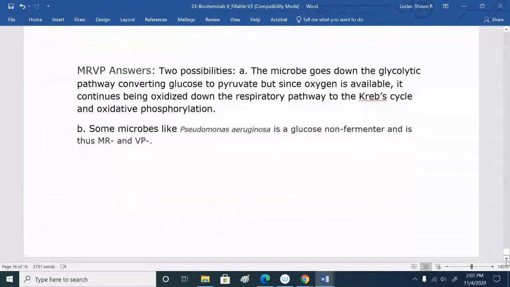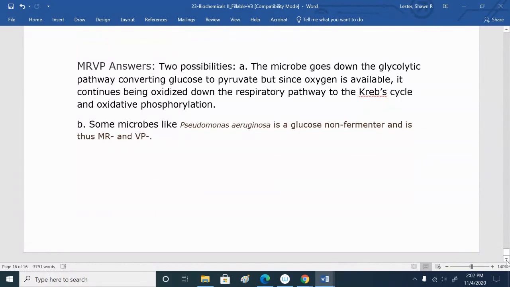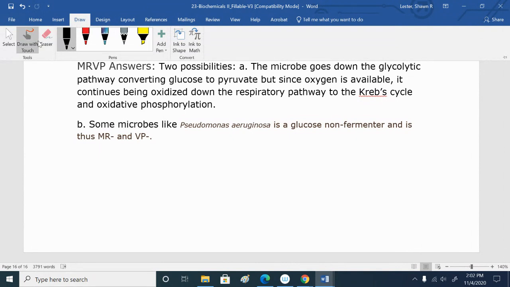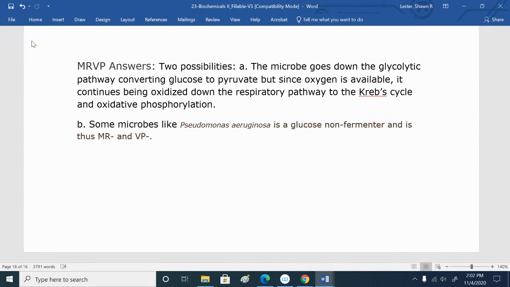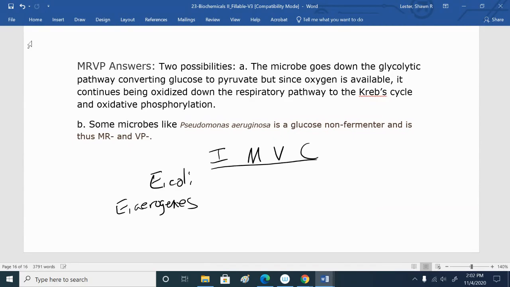So I do want to add one more thing, and it does have to do with MVIC. In class, we do want you to know the results of E. coli and Enterobacter aerogenes for MVIC. It's very easy to remember.